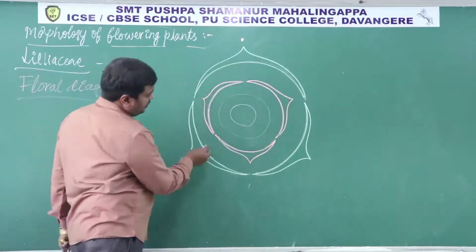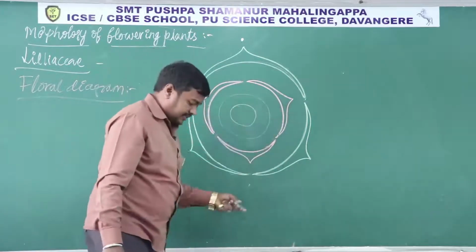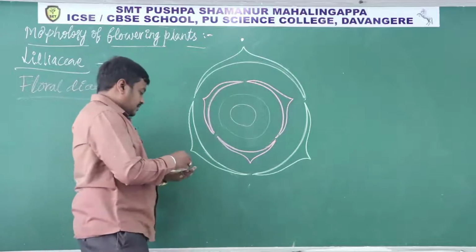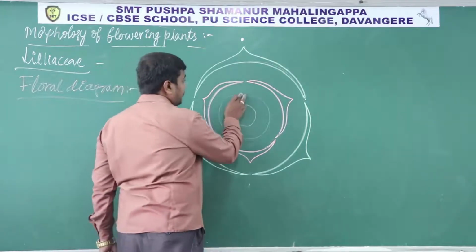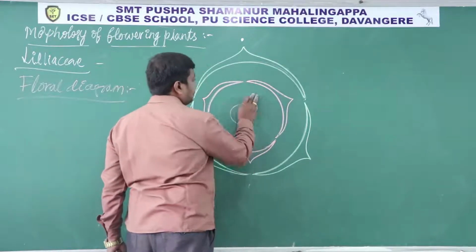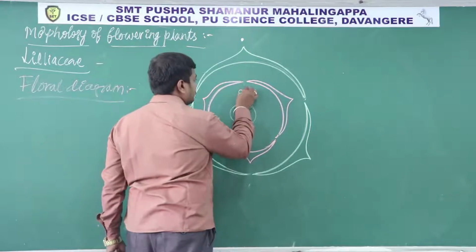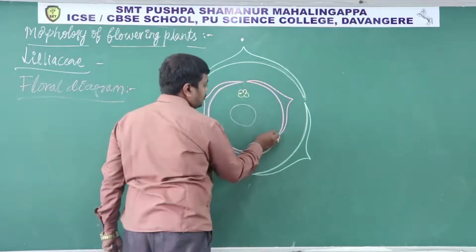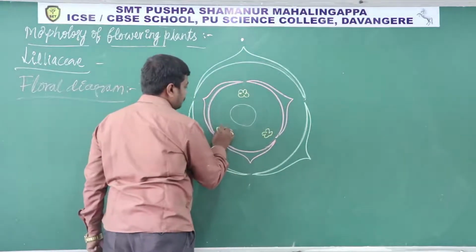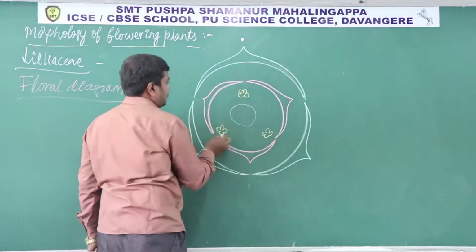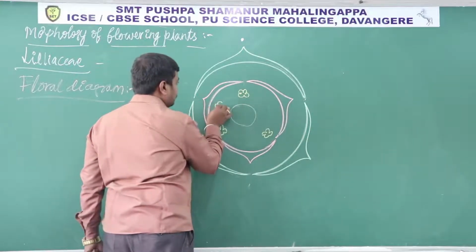Okay, so this is the innermost whorl. So outer 3 tepals, inner 3 tepals. Then totally 6 stamens should be there. So 3 stamens are opposite to this. Three stamens, and the 3 stamens are opposite to this one also.